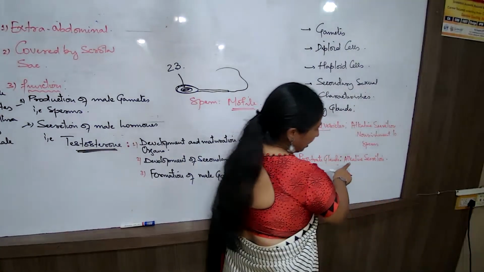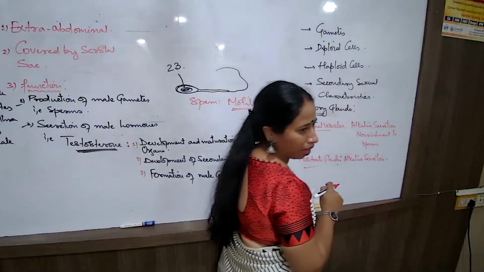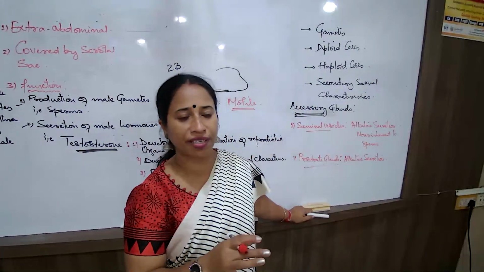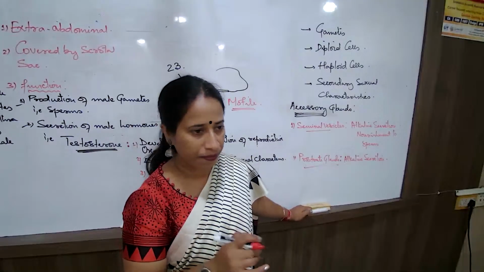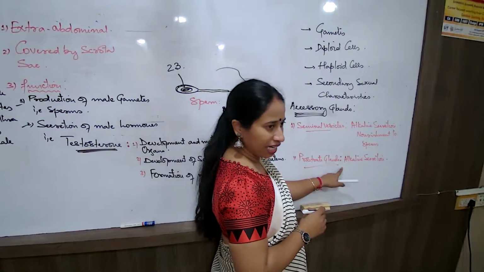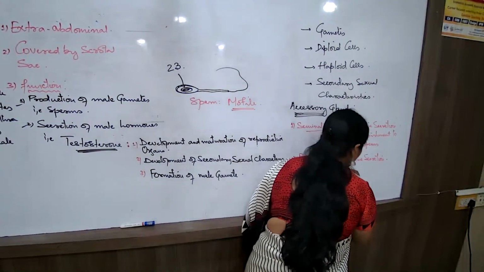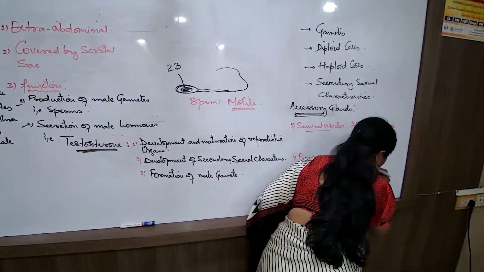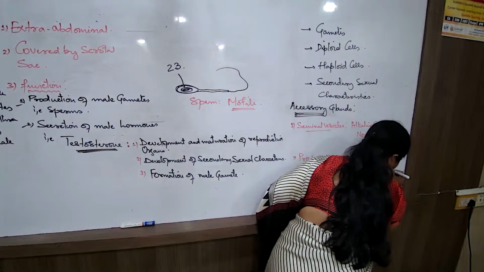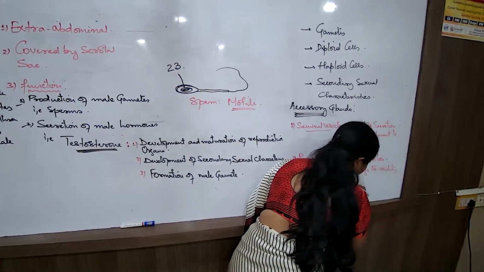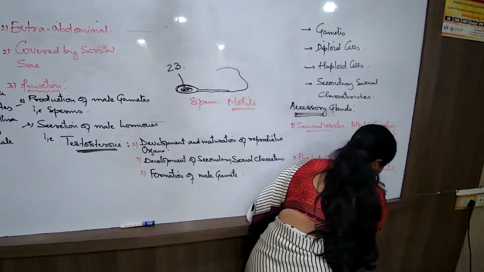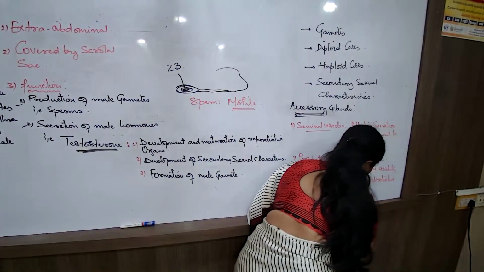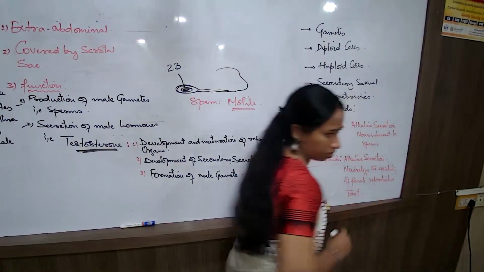But if you write only this much in your exam, you will not get marked, because all the glands produce alkaline secretion, but their functions are different. So what is the function of the prostate glands? They produce alkaline secretion to neutralize the acidity of the female reproductive tract.